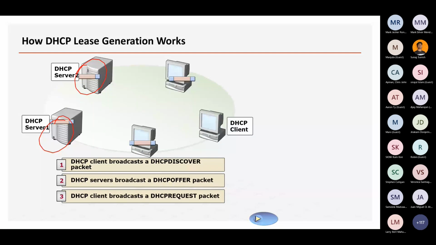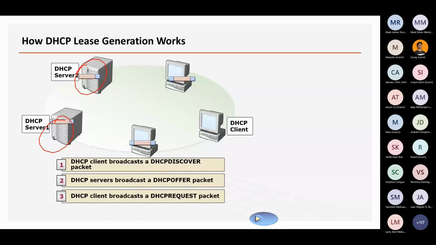There are two servers. Which server will finally release the IP address? Generally, Sandesh, there are two concepts used. One is, if you have configured an Active Directory in your organization, using Active Directory you will be able to define which server is authorized to release an IP address.